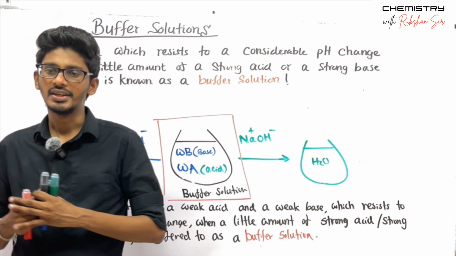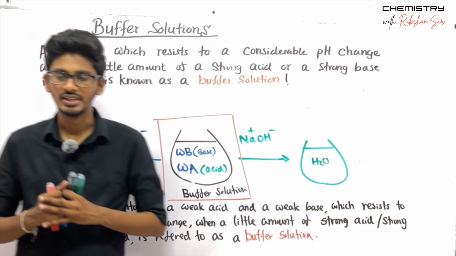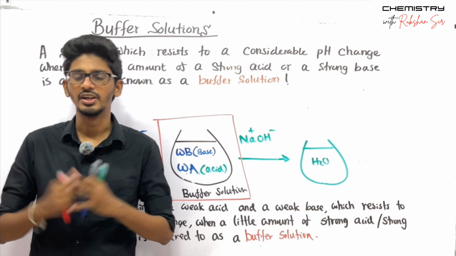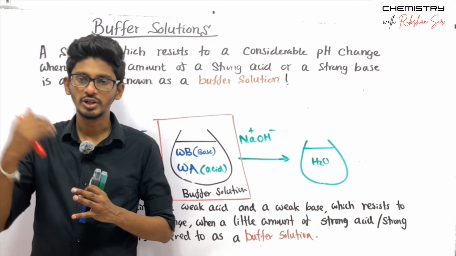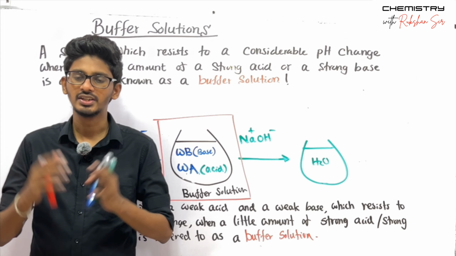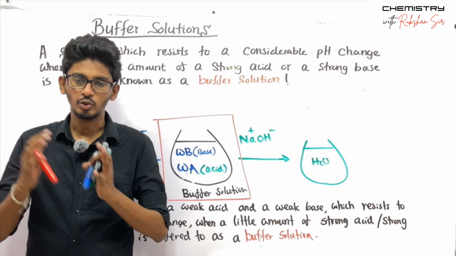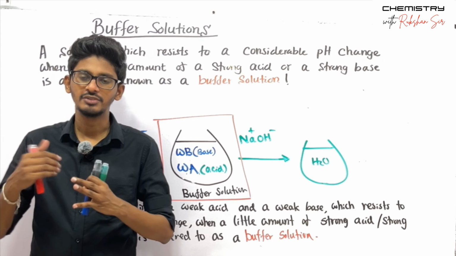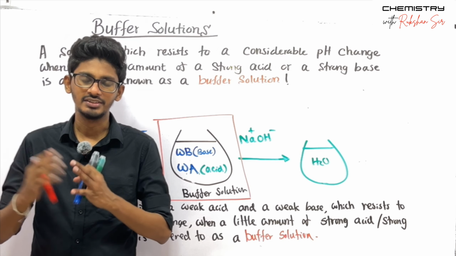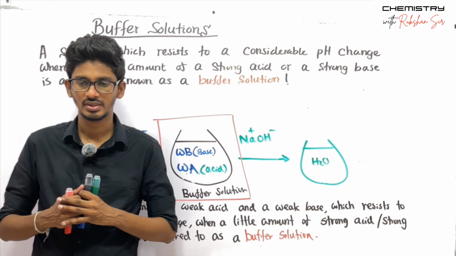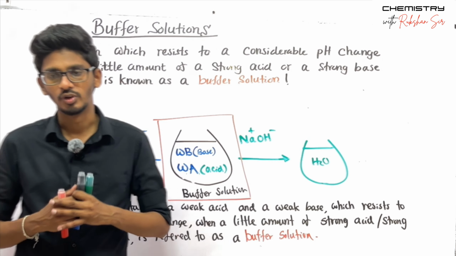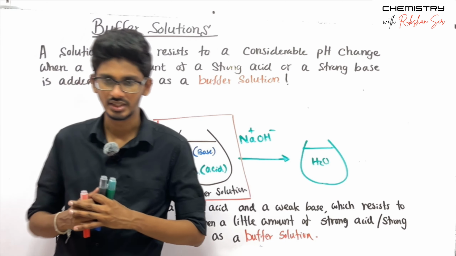If your solution contains a weak base, it can neutralize the OH minuses added by a strong base, so that as OH minuses are consumed, pH won't increase considerably. So it will show its buffer action: pH won't change considerably by addition of a little amount of strong acid or strong base.